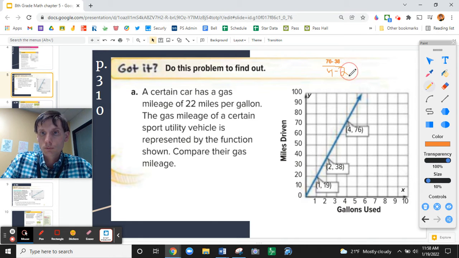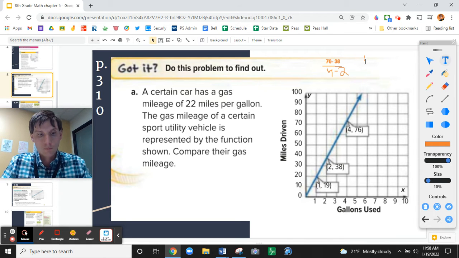And if we subtract those out, we should get 38 over 2. And then lastly, 38 over 2 simplifies to just 19 over 1.